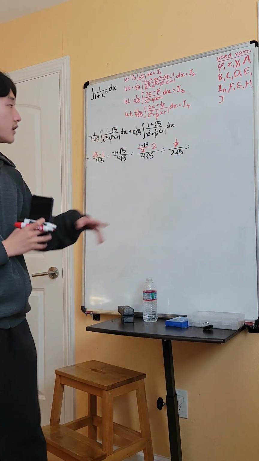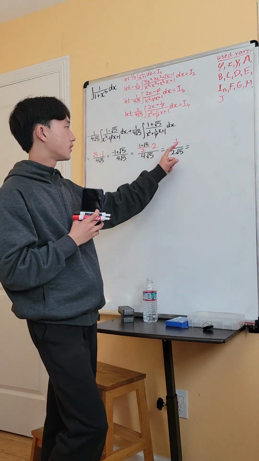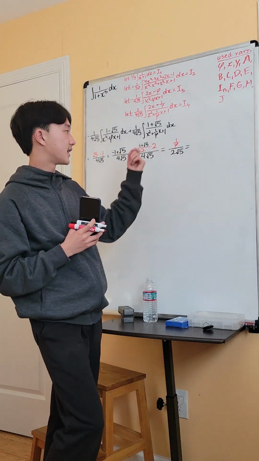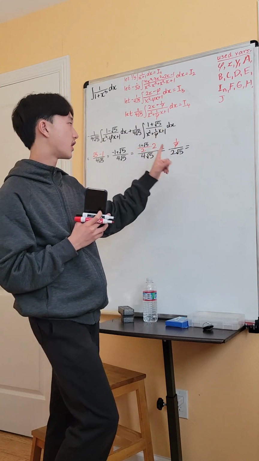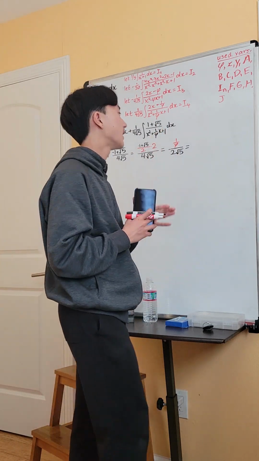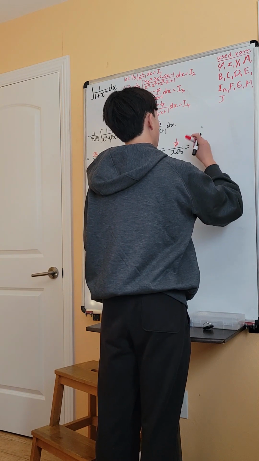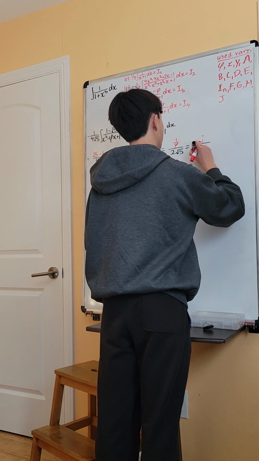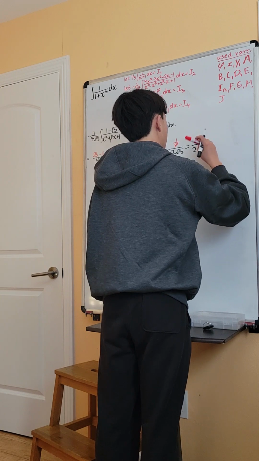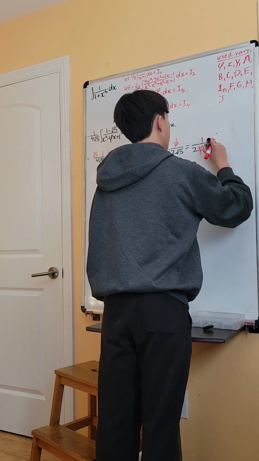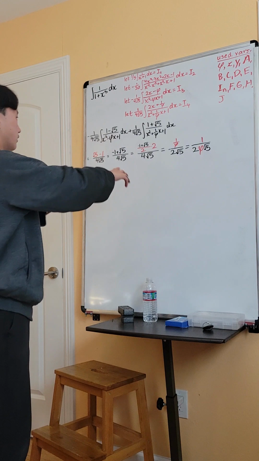And finally, because we have this on top, we can just multiply both the top and the bottom by phi to cancel that out. We're left with the 1 on top and a phi 2 root 5 on the bottom, which is pretty interesting. In fact, I think it would be expressed as 2 phi root 5. So that would be our coefficient for this.